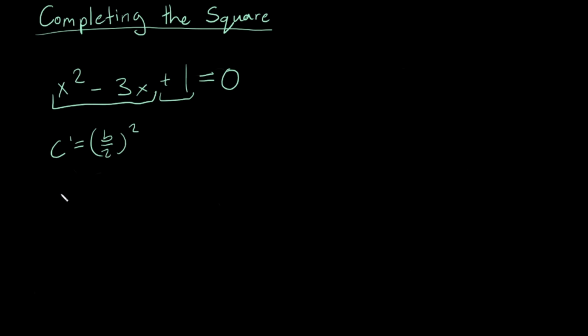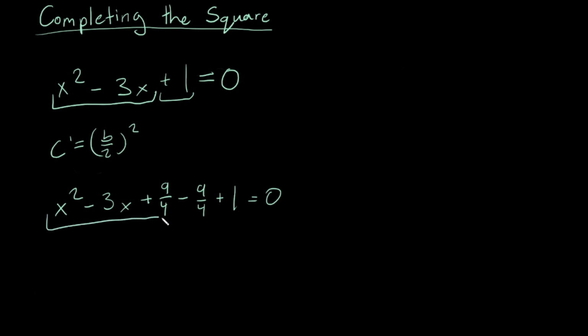So in this case, I'll say x squared minus 3x plus negative 3 over 2 squared, so that's same as last time, 9 over 4. And then I want to retain the value of 0, so I'll make this minus 9 over 4 as well. And plus 1 is equal to 0.